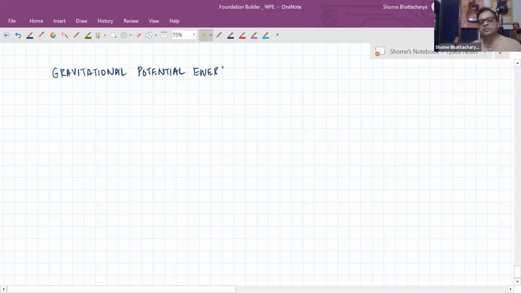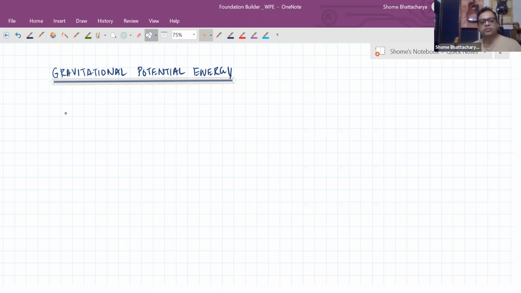Now we'll define gravitational potential energy in a very specific situation over here. We'll see how to define gravitational potential energy for a body near the Earth's surface.